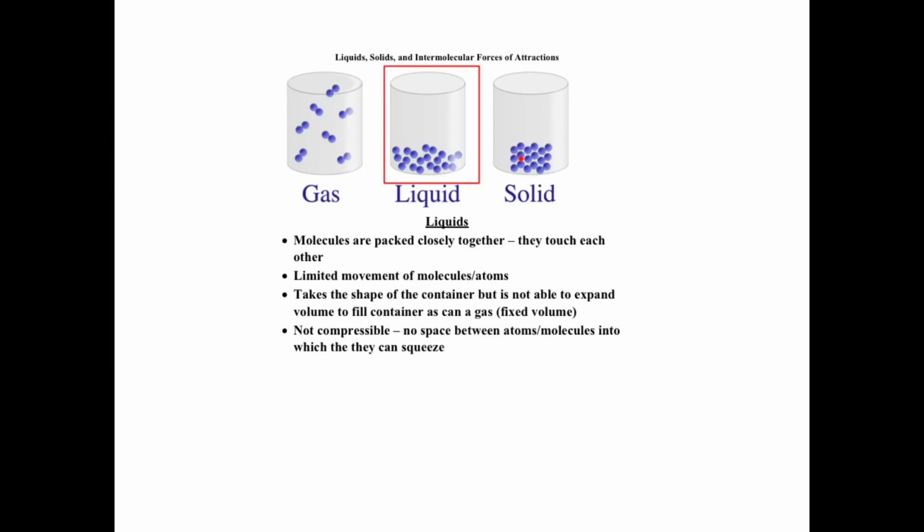They move more than a solid and much less than a gas. They can definitely take the shape of the container because the forces that hold them together allow them to spread out, but not allow them to break away to expand like a gas does. So that's why we say the volume's not changed, but the shape can. And they're not really compressible because there's no space between the molecules to squeeze them in.